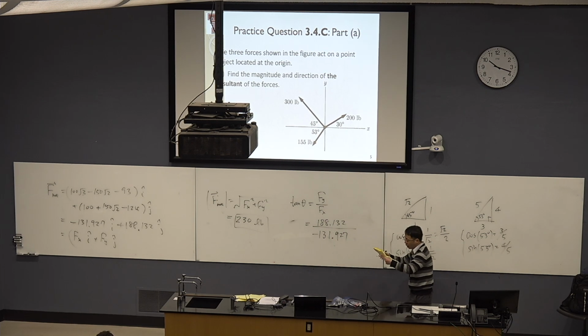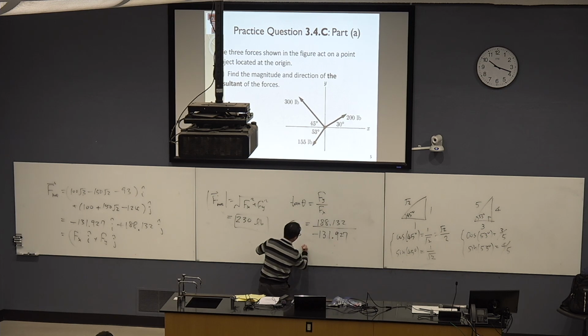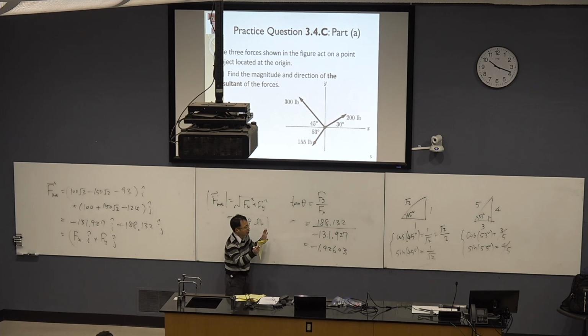When you take this ratio, you will get a numerical value like negative 1.42603, something like this. Here I intentionally keep more figures because in the end, of course, I will round off. In the end, I try to keep 3 significant figures, but in those intermediate steps, I keep more figures so that the result can be more accurate in the end. But anyway, now we have tangent theta equals this.